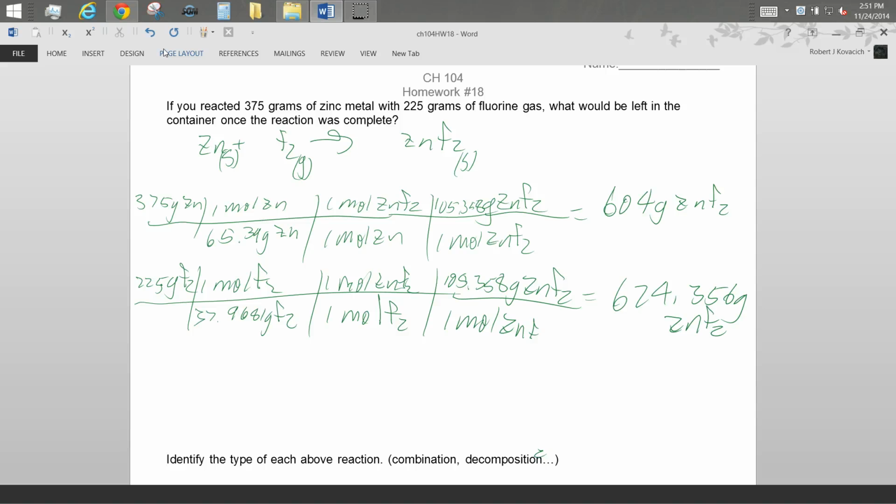So the answer to this question is going to be I've got 0 grams of zinc. I've got 604 grams of zinc fluoride, and since this is a very simple problem as far as the number of reactants and products, I could easily figure out how much of the fluorine is left by doing what?